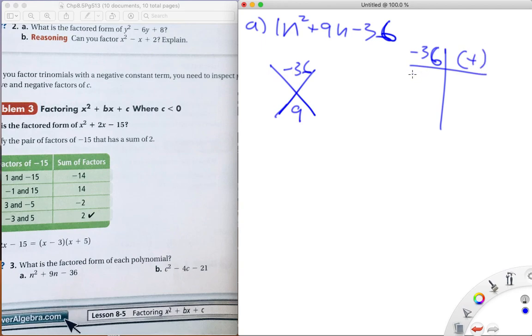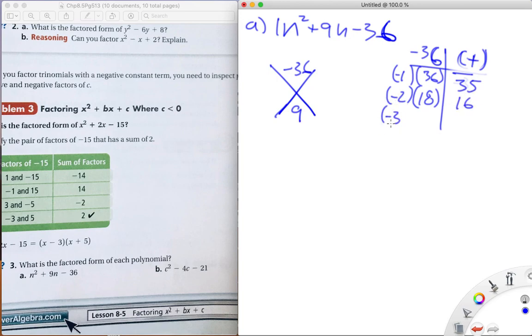So here, I'll do a negative 1 times a positive 36. That gives me 35 positive. And negative 2 times 18 gives me 16.